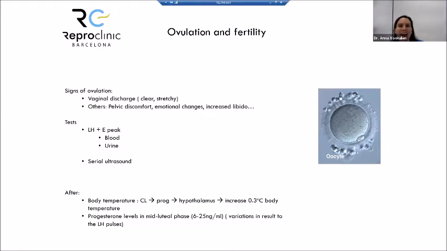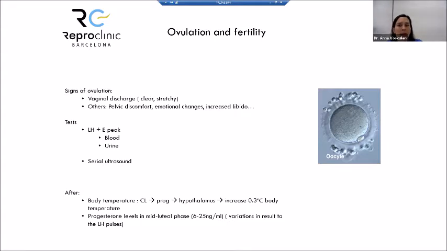So let's go on then. Now about ovulation and fertility, some little things. We can find some signs of ovulation in our patients. Vaginal discharge is going to change a little bit before ovulation due to the estrogen influence, and will be clear and stretchy. Other things that patients can feel are a little bit of pelvic discomfort, some emotional changes in some patients, and increased libido.